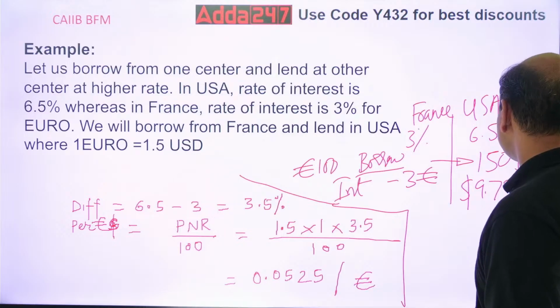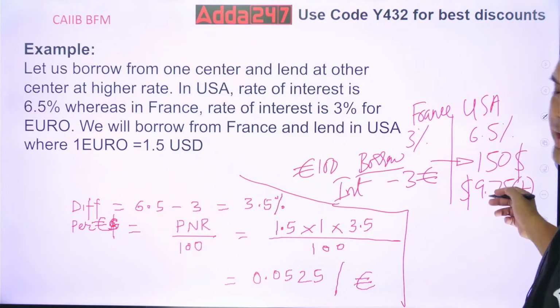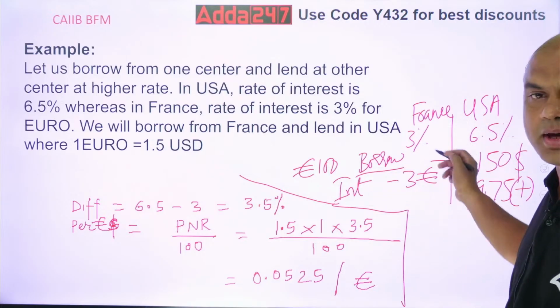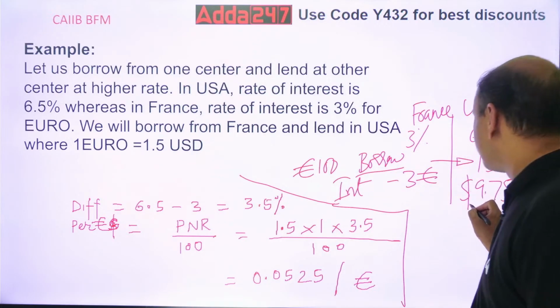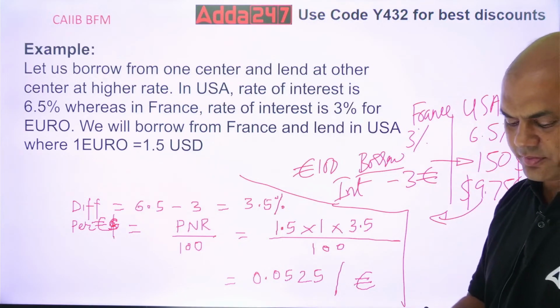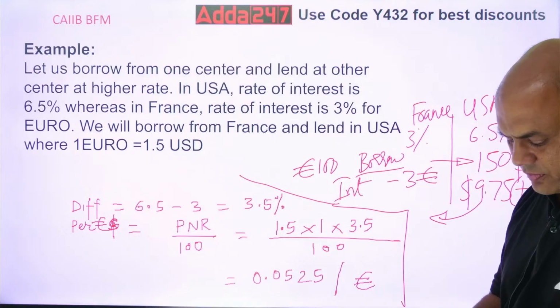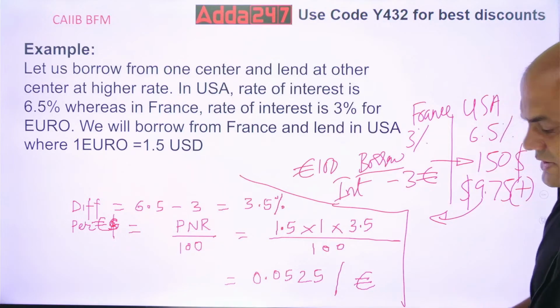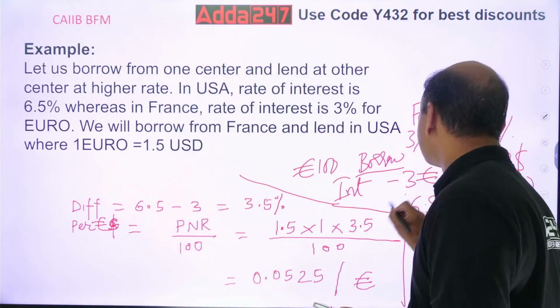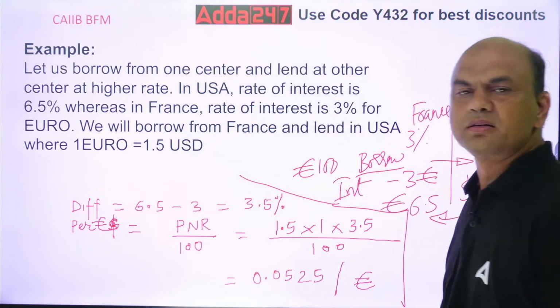This is the addition because this is the FD. So I am getting $9.75 plus, and here I am paying 3 euro minus. So convert this back to euro: 9.75 divided by 1.5 is 6.5 euro.